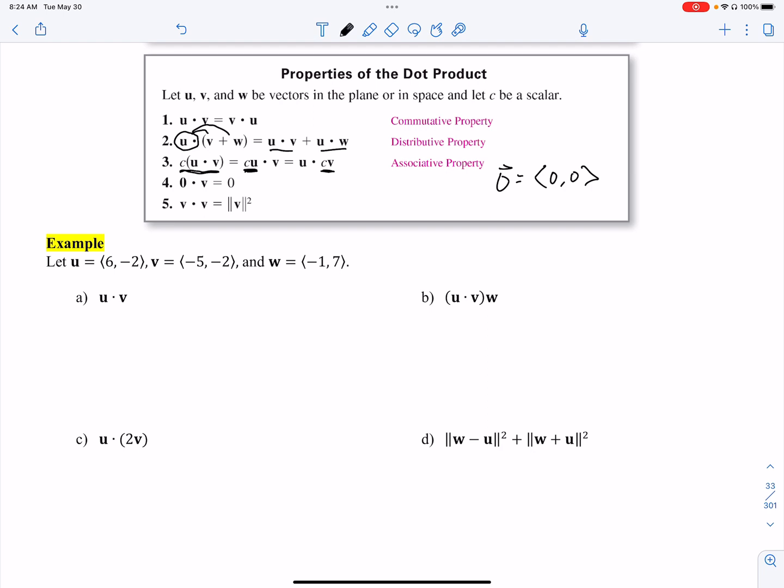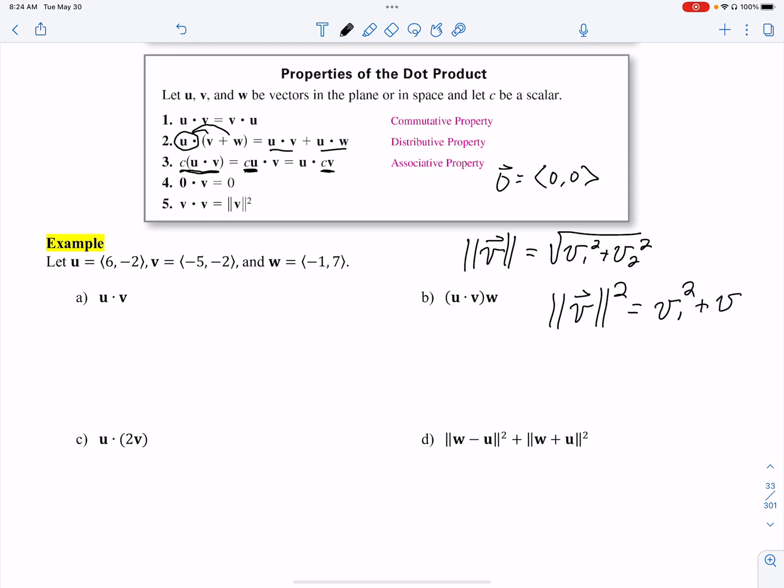And then the last one we're going to use quite a bit. I want you to remember, recall that the magnitude of v is equal to the square root of v1 squared plus v2 squared, right? Now, if I take my magnitude and I square it, I get v1 squared plus v2 squared.